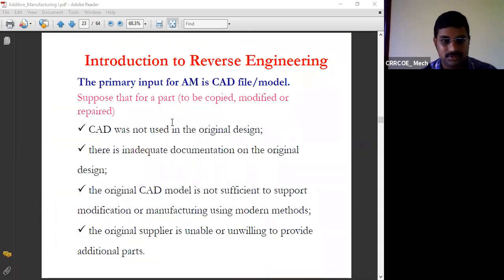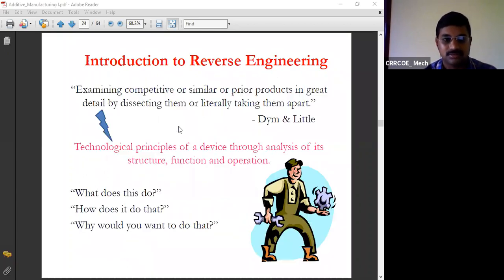See, this is about reverse engineering. We discussed it a lot. I mean reverse engineering from measuring the dimensions of an existing component, or from data from CT scans or MRI scans.